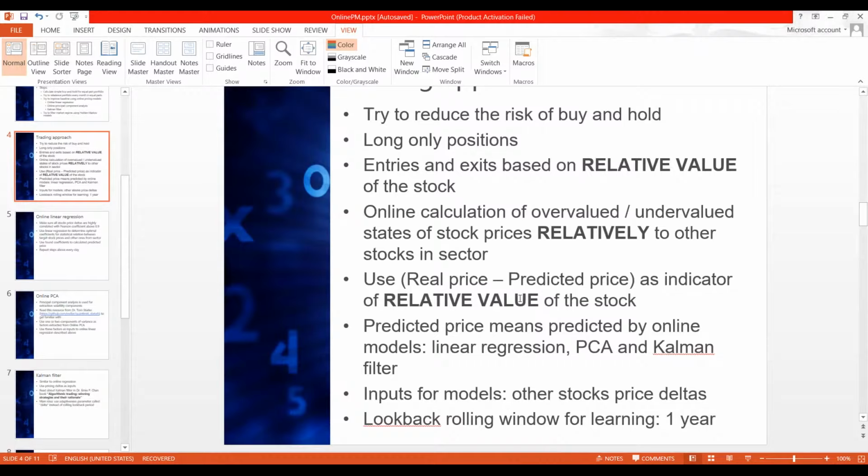Linear regression is used to find the coefficients linking the target variable with the explanatory ones. It's quite a simple procedure, but it was repeated every day for online learning with a rolling look-back period.